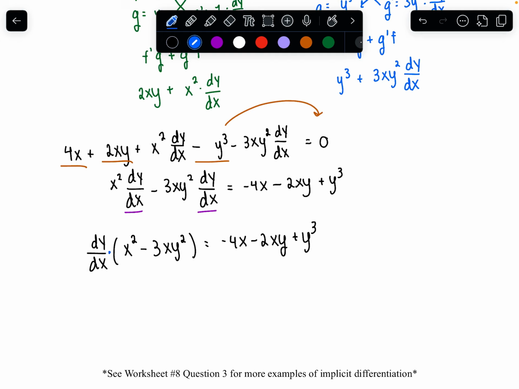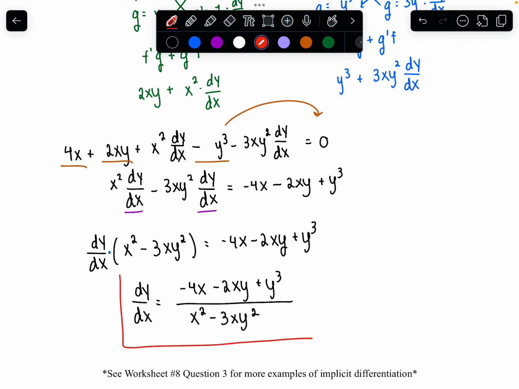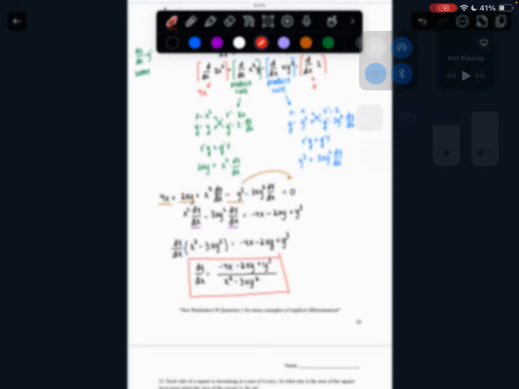So how do I get something isolated if it's being multiplied? I do the inverse operation of division, which gives me dy dx is equal to negative 4x minus 2xy plus y cubed divided by x squared minus 3xy squared. And then we are done. Beautiful.